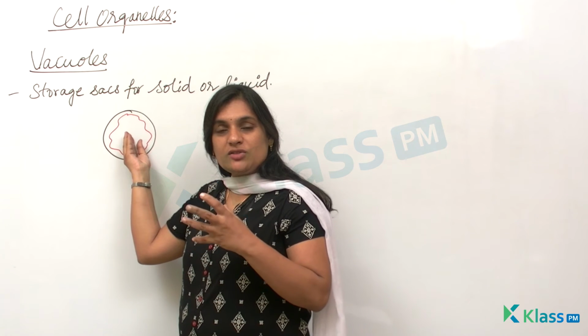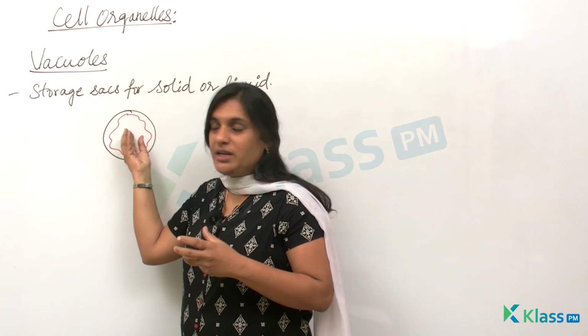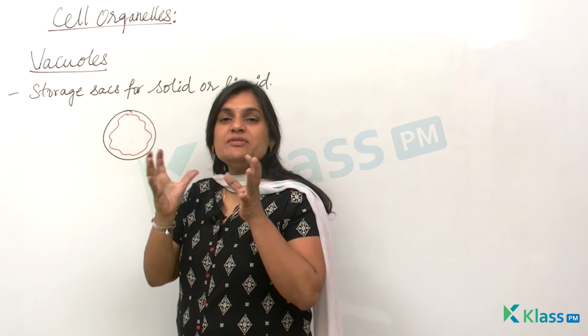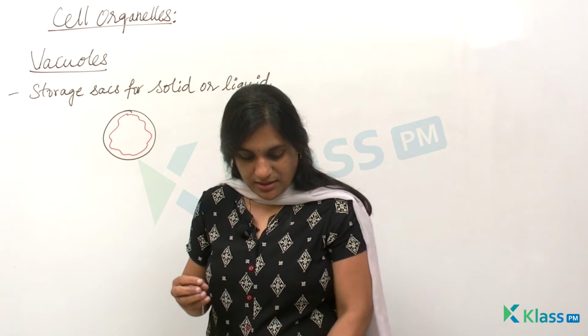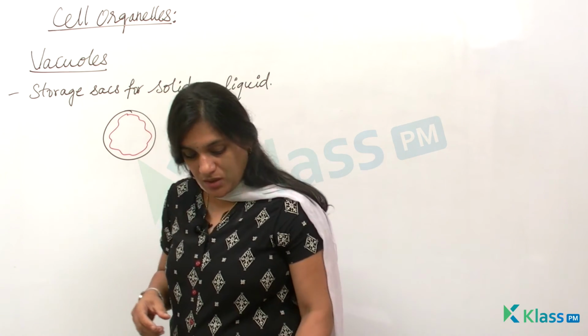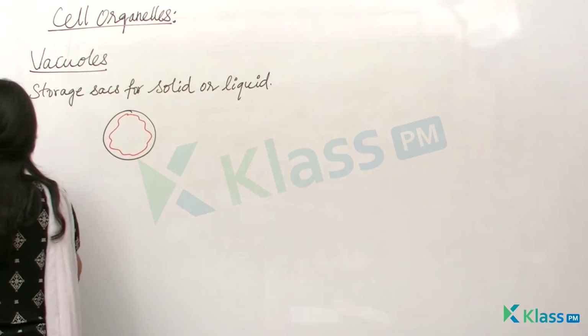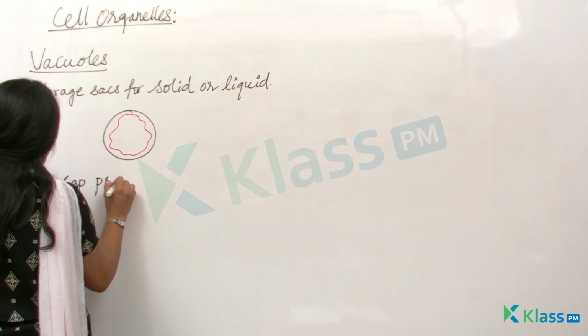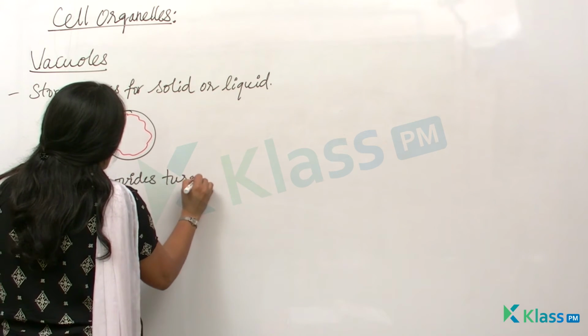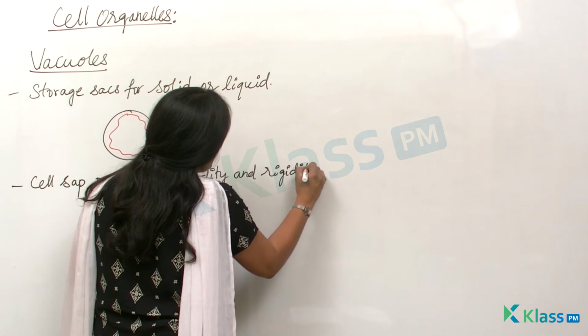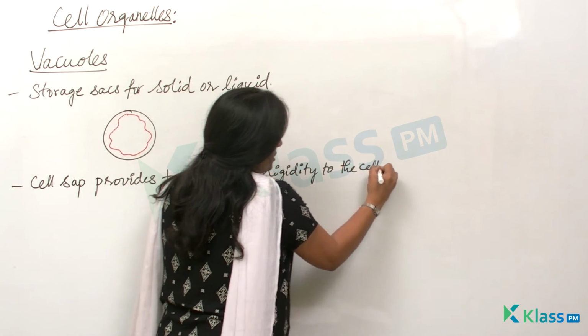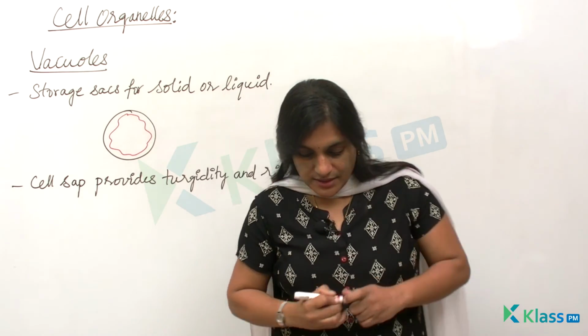I told you that in plant cells the vacuoles are large sized, right? So these large vacuoles have cell sap in them, which provides turgidity or rigidity to the cell. That is nothing but toughness.